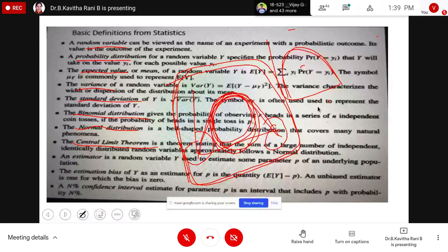Whatever values are there will tend to be around the mean value only. Whatever output we get will tend to be in a particular range only. So that is this range. So this is about the central limit theorem.